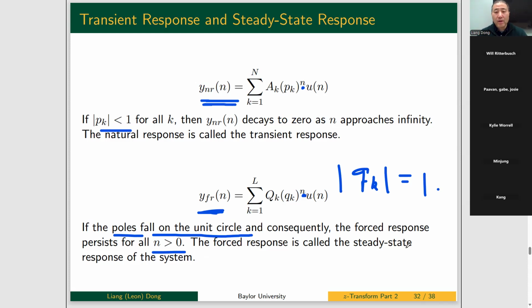The transient response dies out, and then you have the new one. So this very nicely explains, from the DSP perspective, why, whether you're doing hardware or software, you will have a transient response time, and then you reach the steady state response.